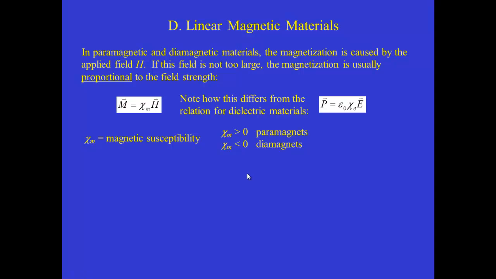You might wonder about the approximate size of chi sub m. It turns out for most normal paramagnetic and diamagnetic materials, chi sub m is somewhere on the order of 10 to the minus 5 to 10 to the minus 6. Quite small, which tells you that normally this is a very small effect.